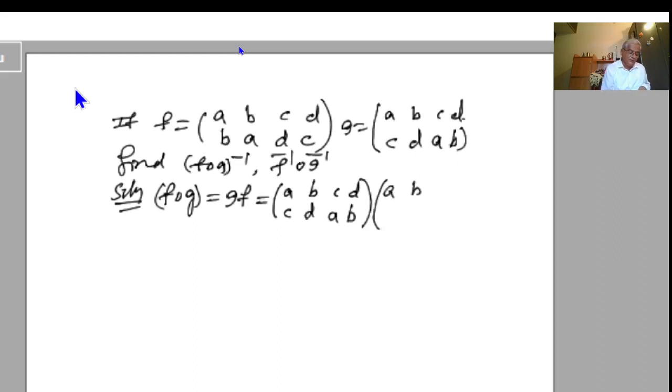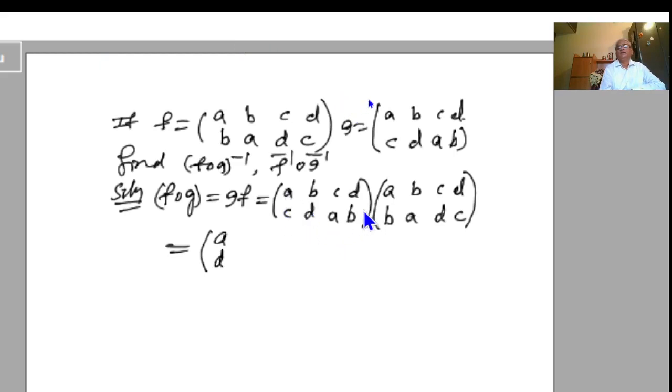F is A, B, C, D over B, A, D, C. Taking the product here: A to C, C to D, that means A goes to D. Then B to D, D to C, that means B goes to C. Then C to A, A to B, that is CB.